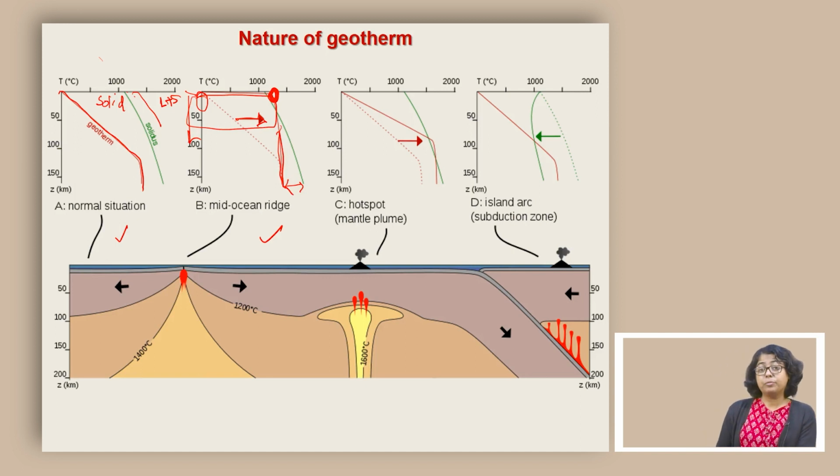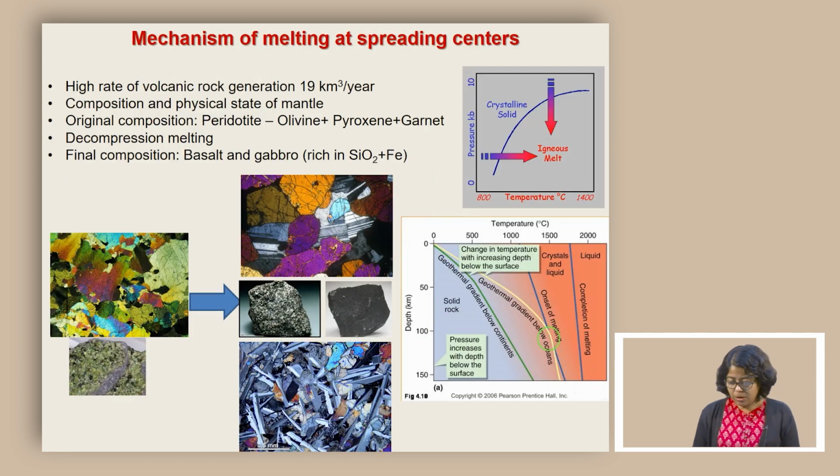So, therefore, it has to be a contribution of decompression melting. Again, to recapitulate, this is our temperature, this is the pressure, and this is the line separating crystalline solid and igneous melt.